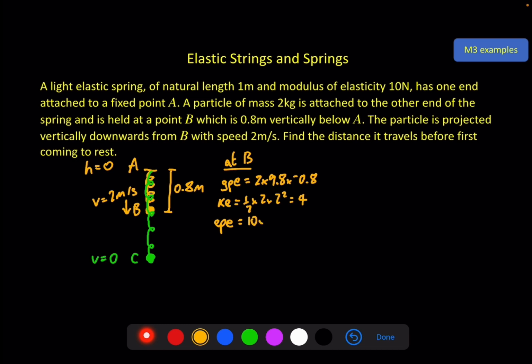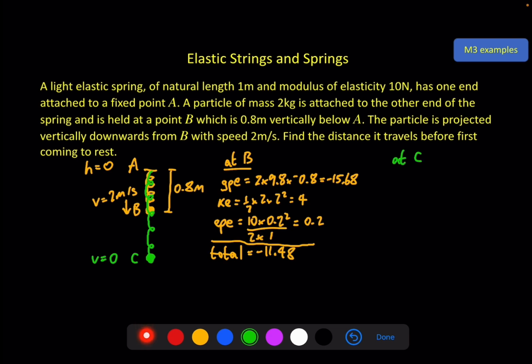That's lambda times the compression, which is 0.2, squared, over 2 times the natural length, which is 1. Gravitational potential energy gives me minus 15.68, and the elastic potential energy is very small at just 0.2, to give a total amount of energy in the system at the start of minus 11.48. Now that might seem strange having a negative energy in the system, but don't worry about that, it's just because I've used this point here as my 0 level, so all the gravitational potential energy is happening below that, so that will all be negative.